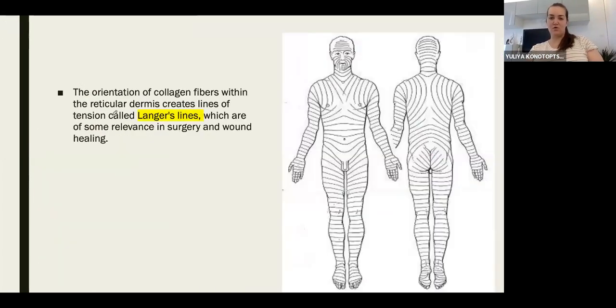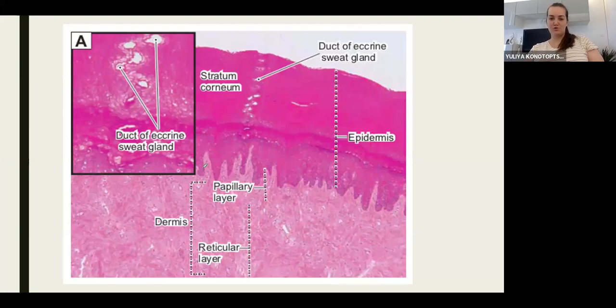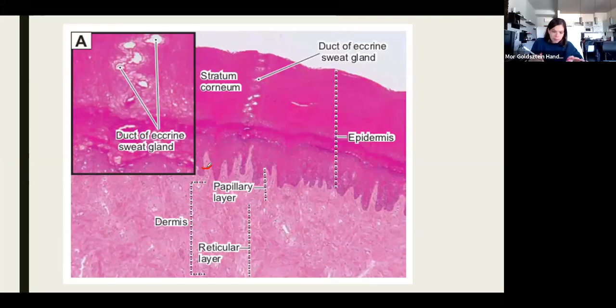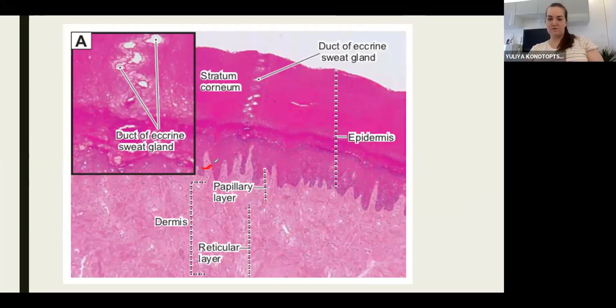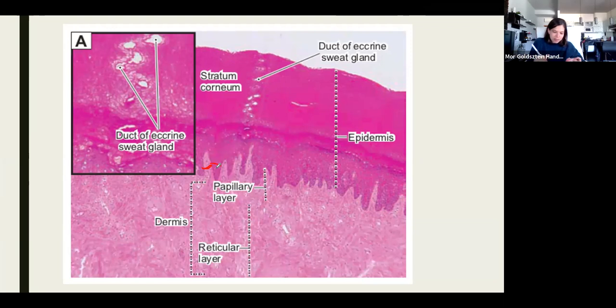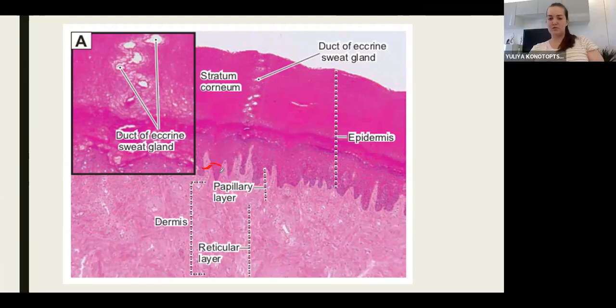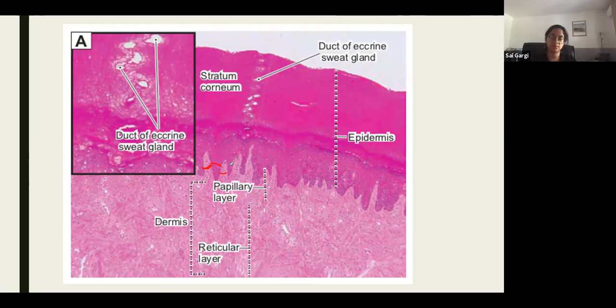So if I go here, how do you call this? Dermal papilla. How do you call this? Epidermal ridges, rete ridges. This one? Dermal papilla again. Epidermal ridge again. So you can see that they're counteracting one another.